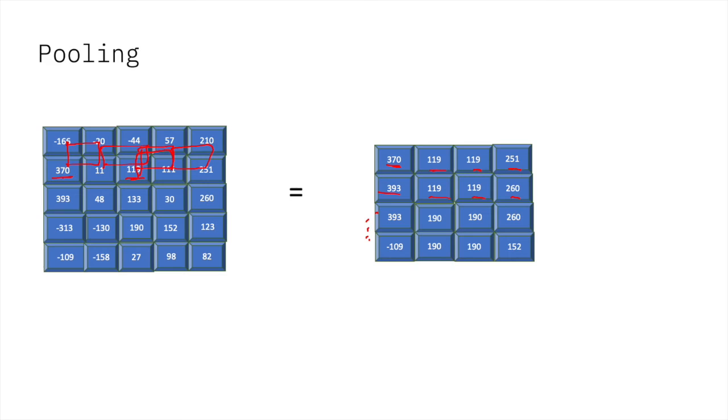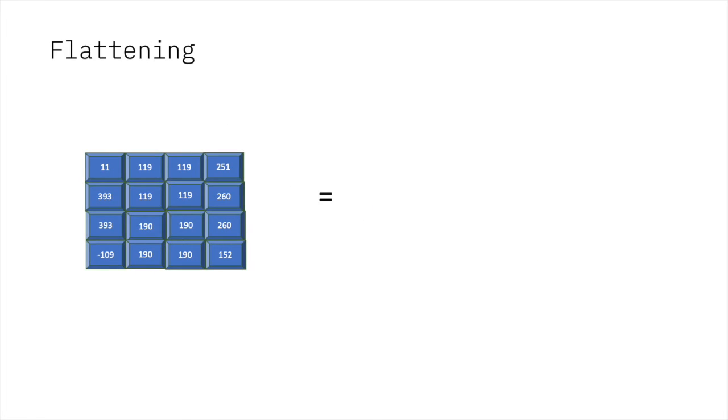You can imagine pooling as a way to summarize information from your neighboring cells, and at the same time, you're downsampling the size of the feature map that you've acquired through convolutions. So that's everything about pooling.